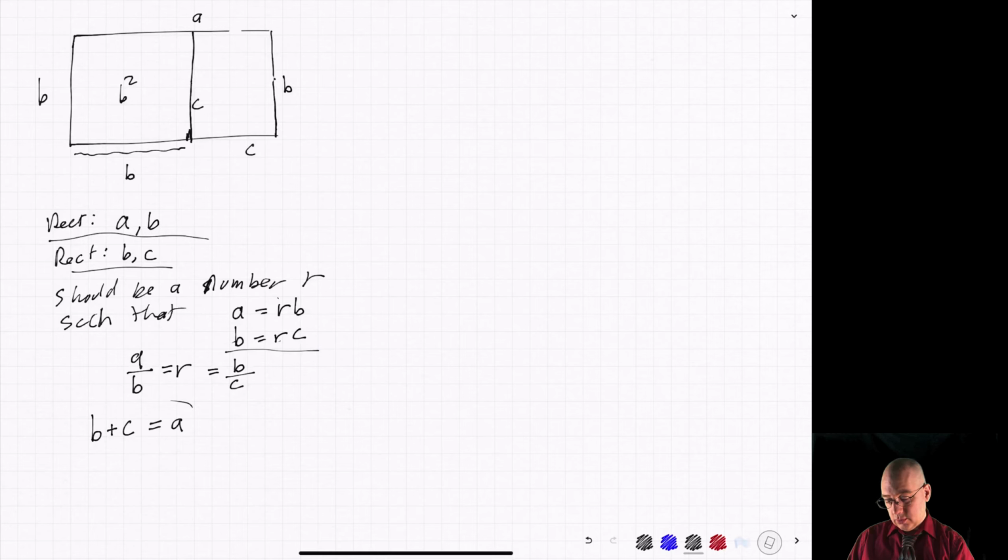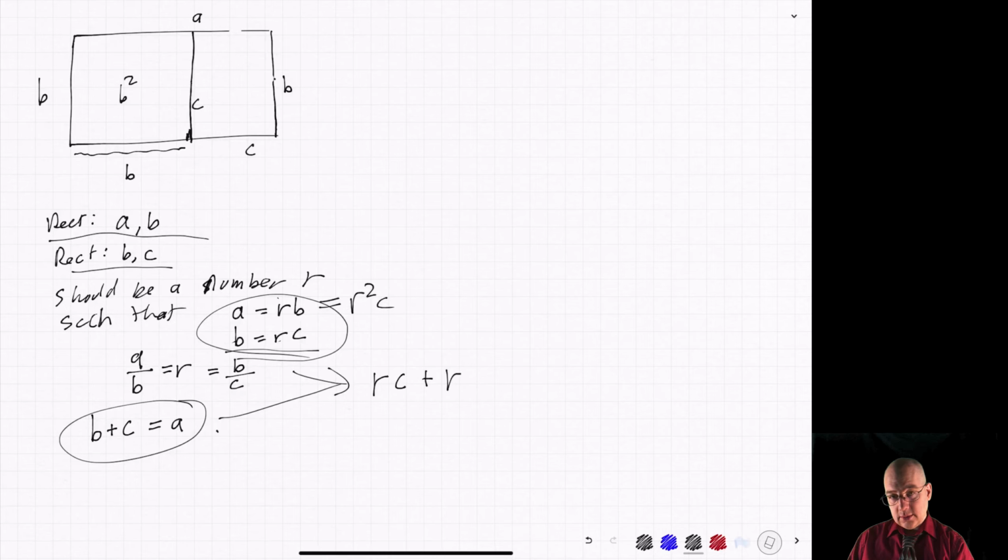So we take this, and we take this, and we combine them. So replace B with RC, and then over here, replacing B with RC gives us R squared C. R squared C, and that should be equal to 1.